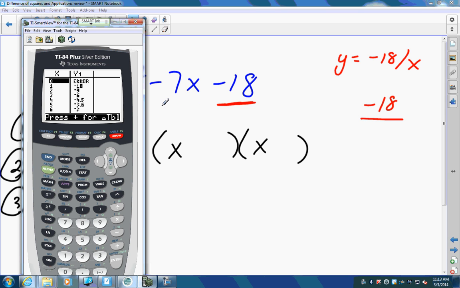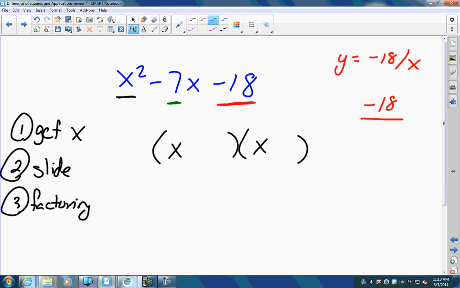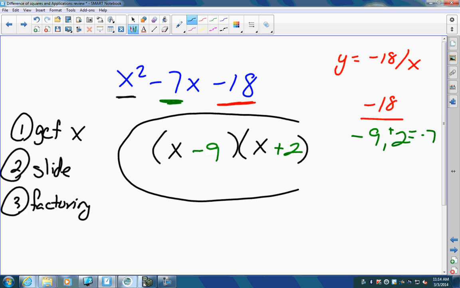I want the factors that add up to give me this middle term right here, which is negative 7. Negative 9 and positive 2, when I add these together, give me negative 7. That's my middle number. So I have minus 9 and plus 2. I don't divide. I don't do anything else because I didn't do any sliding. This is my answer right here.